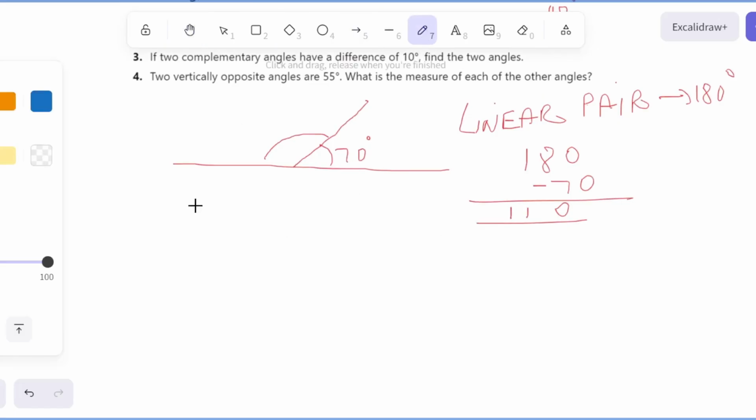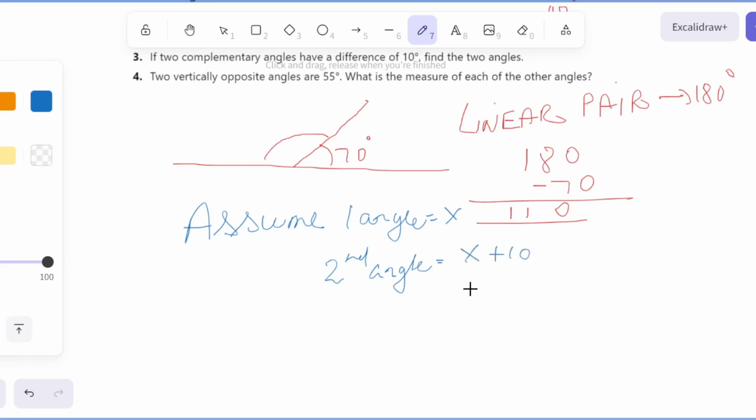In such cases, just assume one angle. Assume one angle equal to x, right? The second angle will be equal to, the difference is 10, right? So keep it x plus 10, right?